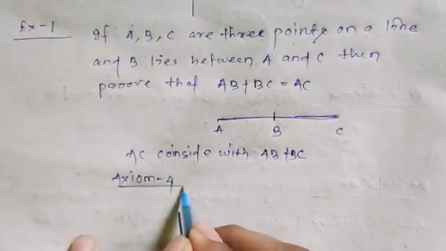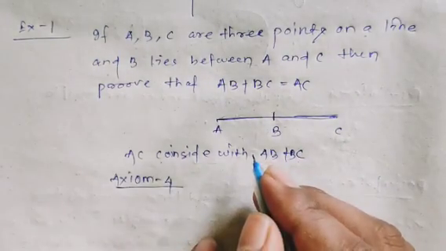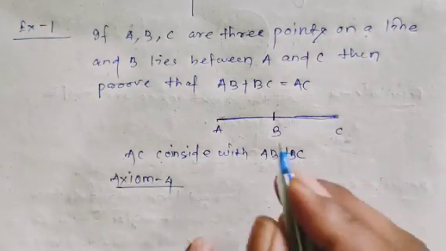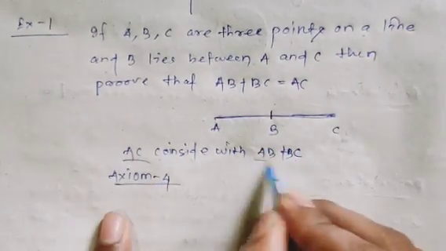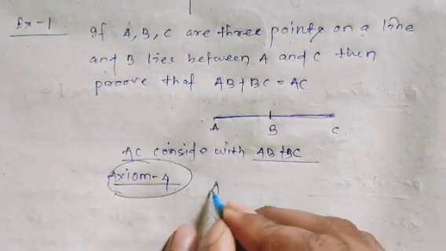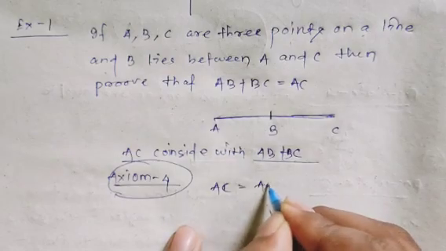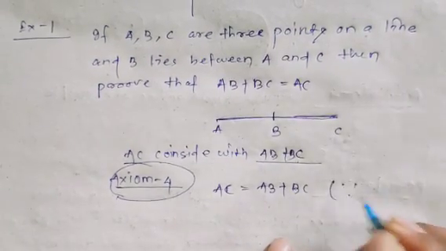According to axiom 4, things which coincide with each other are equal to one another. If AC coincides with AB plus BC, according to axiom number 4, we can write AC is equal to AB plus BC.